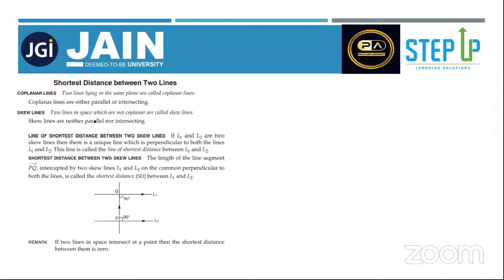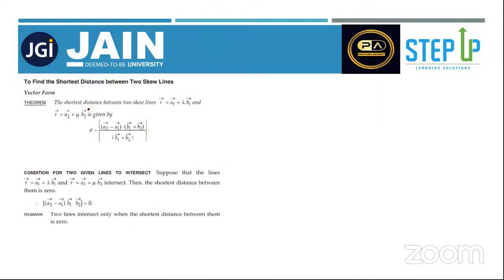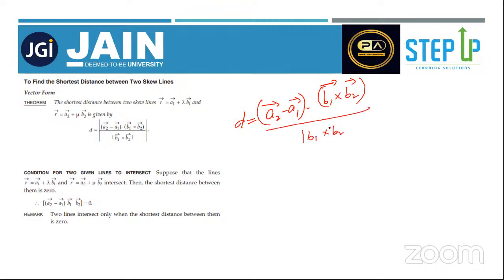So this is another one, which is shortest distance between two lines. This formula is very much important: D equal to A2 minus A1 vector dot B1 cross B2 vector, all divided by mod of B1 cross B2 vector.